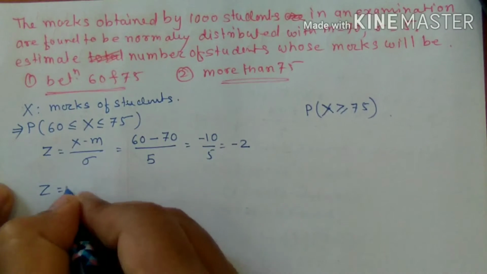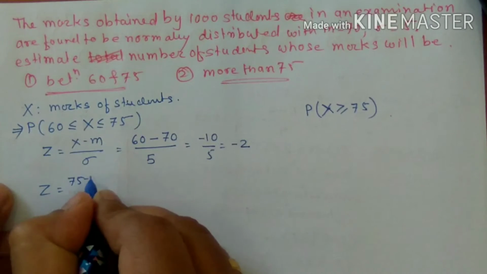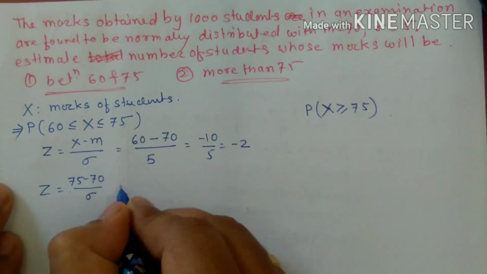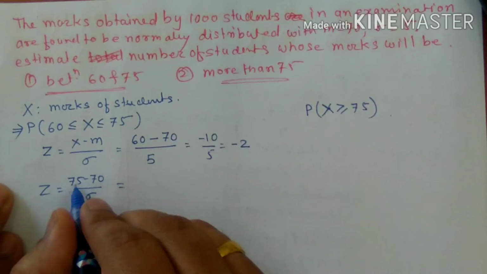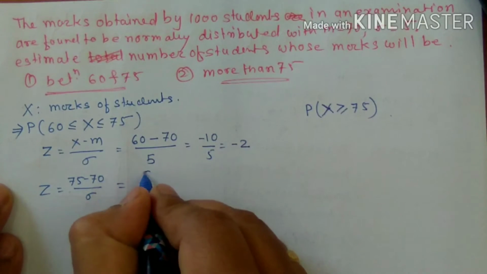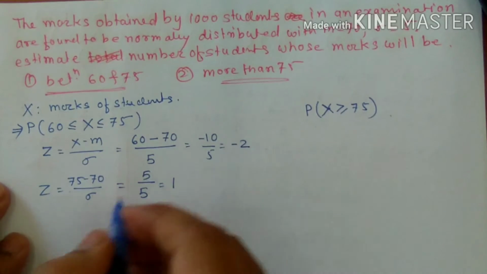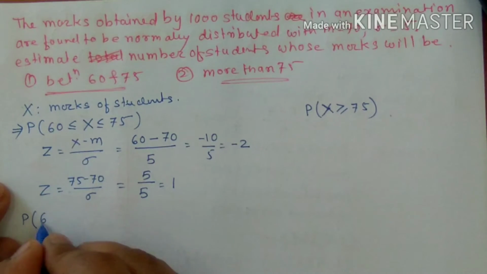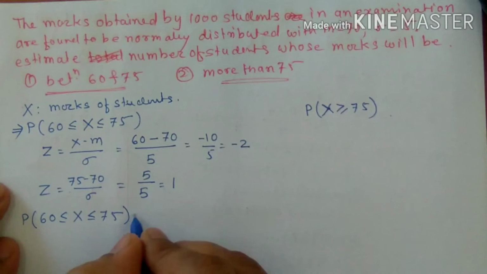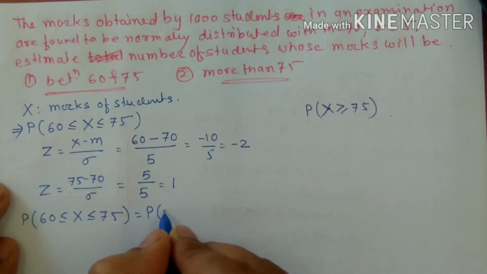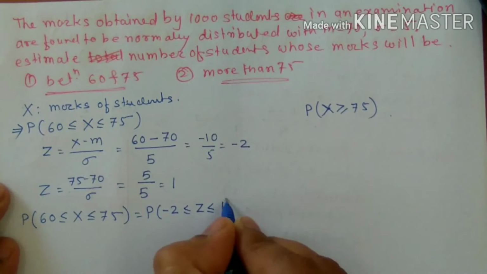The next value of Z is 75 minus 70 divided by 5, which gives me 1. Hence the probability of 60 less than or equal to X less than or equal to 75 is the probability of minus 2 less than or equal to Z less than or equal to plus 1.